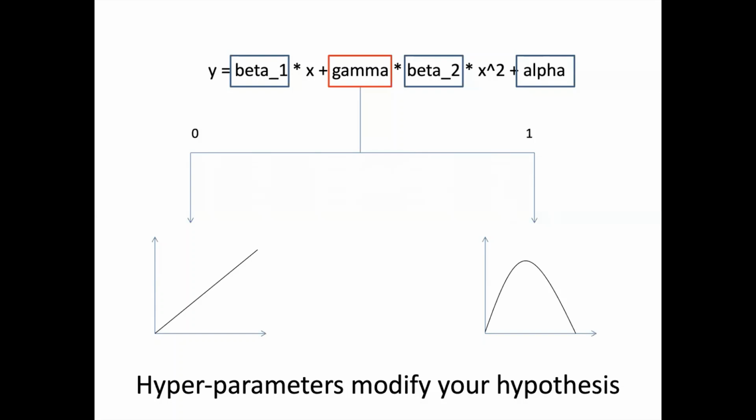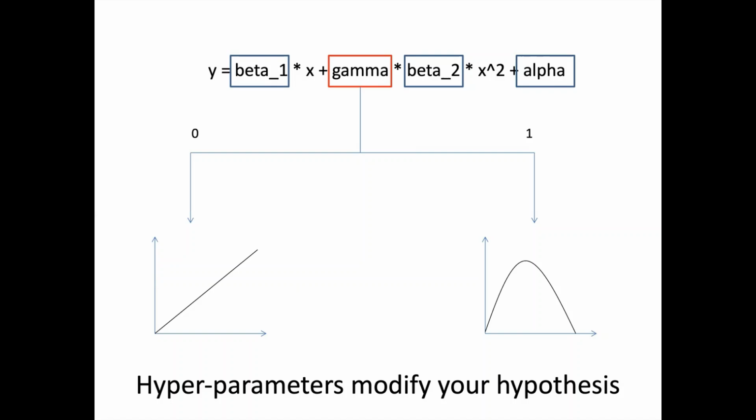Actually, beta 1, beta 2, and alpha are learned by your algorithm based on the data you provide to it, while your gamma, since it is a hyperparameter, will be completely independent from the data you provide to it. It will be basically a choice of yourself.